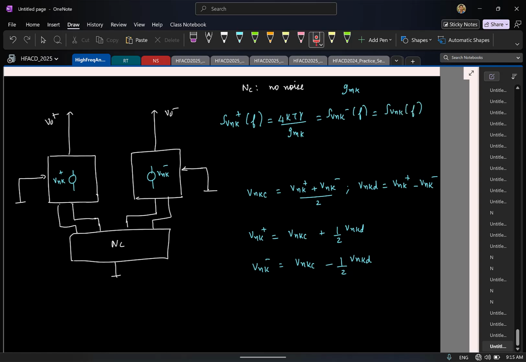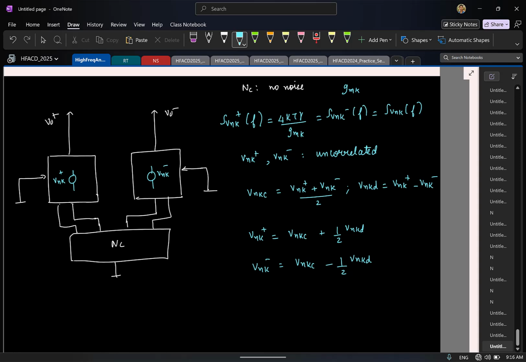And please note that just because the power spectral densities of the two signals are equal, the signals themselves are not equal. It is just that one property of the signals is equal, and that property turns out to be the power spectral density. But if I look at VNK plus and VNK minus, they are uncorrelated, because they are coming from two different MOSFETs.